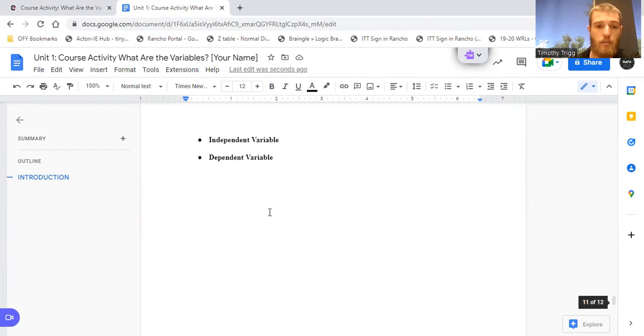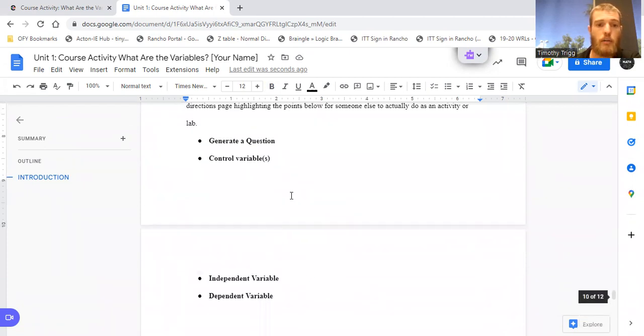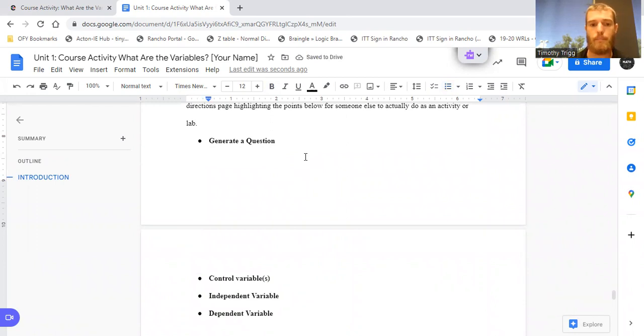So generate a question. What's the question we want to generate?